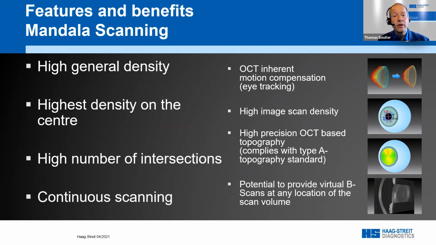That's where all the visual effects are taking place. And we can now do a continuous scanning. If you look at how scanners work best, they work best if you have a continuous pattern, if you don't have interrupts at edges or so. And this allows us then to provide also B-scans throughout the entire volume acquired.